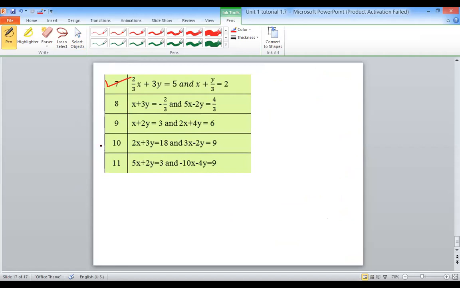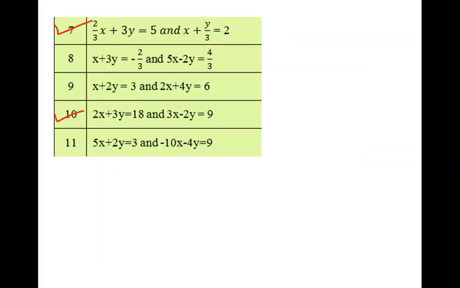And 10. 7 and 10. The two questions for you, tell me their answer, x and y. Start by the elimination. 7 and 10, both, only two, not more.